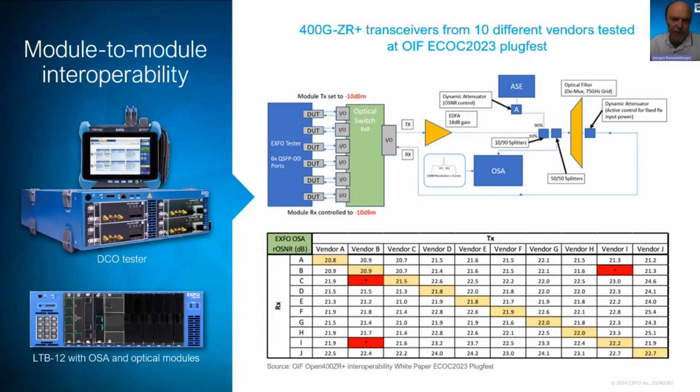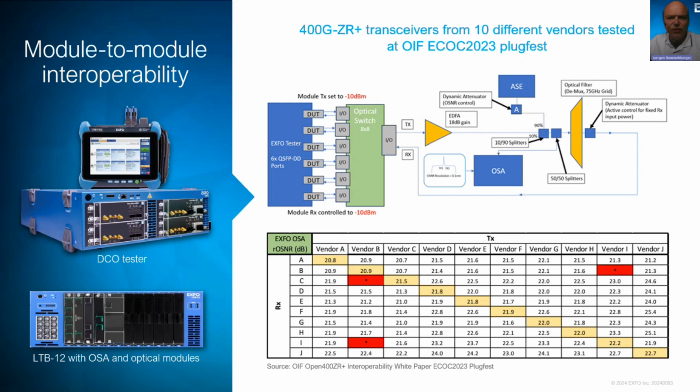And here the EXFO DCO-BERT application was used to generate and, of course, evaluate the 400G traffic. And next is the optical switch, which was located between the DCO-BERT and the noise-loaded short link. This was to speed up and also automate the testing process here.